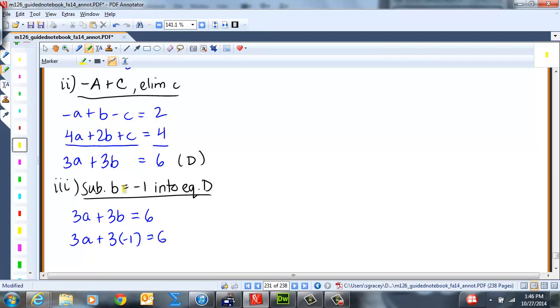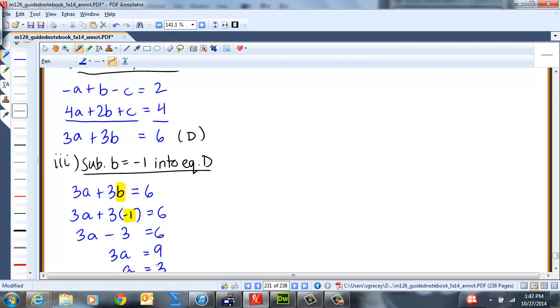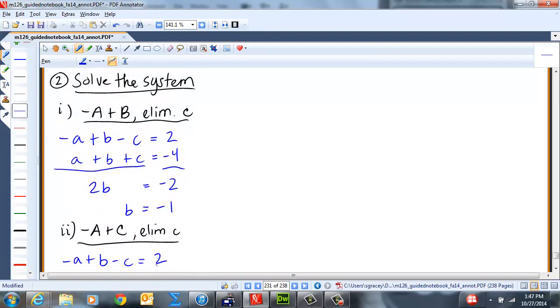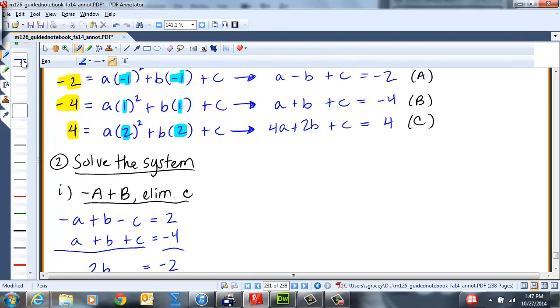So 3a minus 3 equals 6. So 3a is 9 and a is 3. So we're making some progress. Now all we need to do is plug in what we have for a and b, and we'll get our value for c.